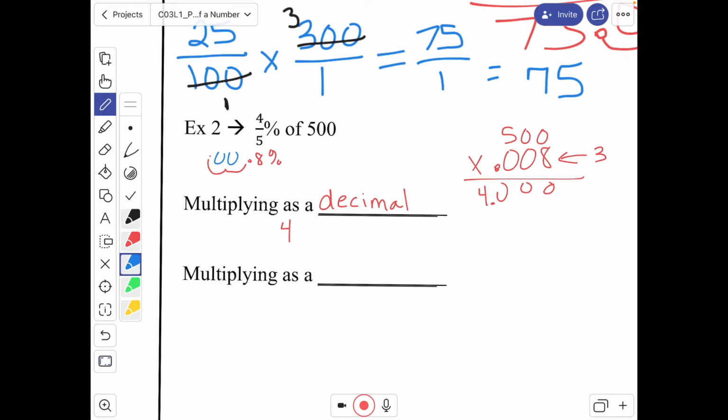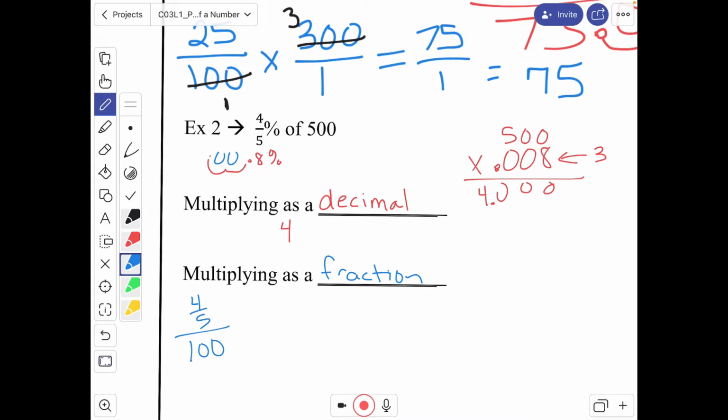Let's try multiplying it as a fraction. 4/5% as a fraction would be 4/5 over 100. That looks a little bit different.